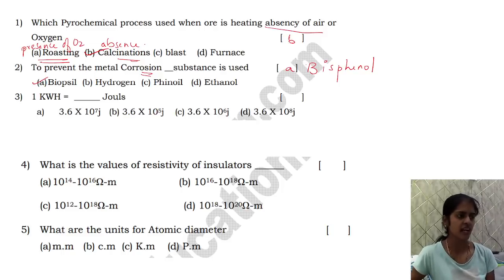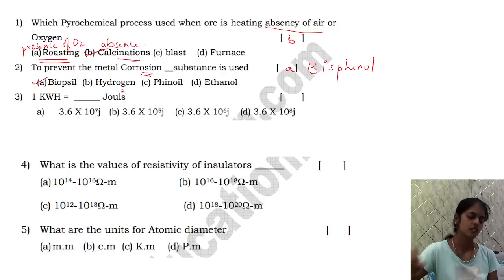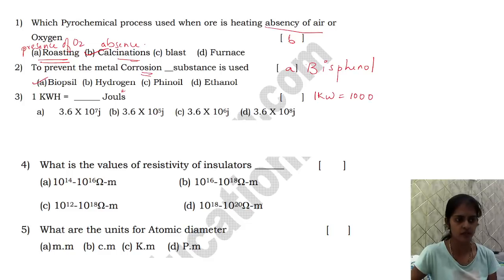See the next one. 1 kilowatt hour is how many joules? As I told you, grammar mistakes and spelling mistakes in the question, please ignore it, but the concept will be correct. 1 kilowatt means 1000 watt.